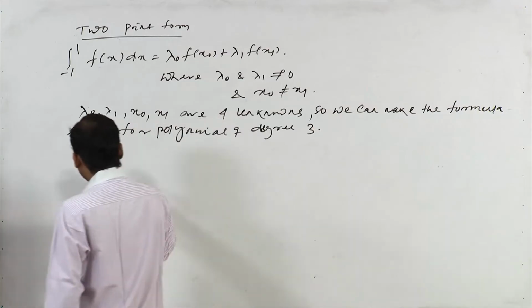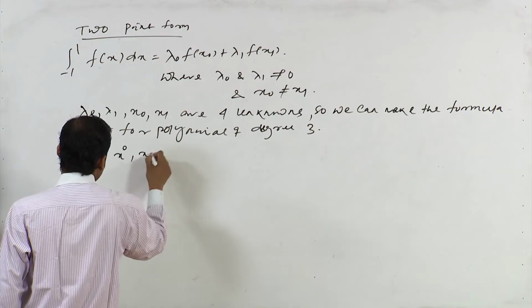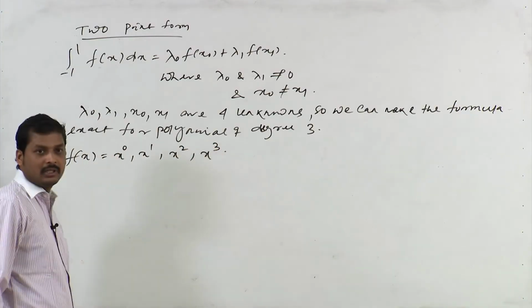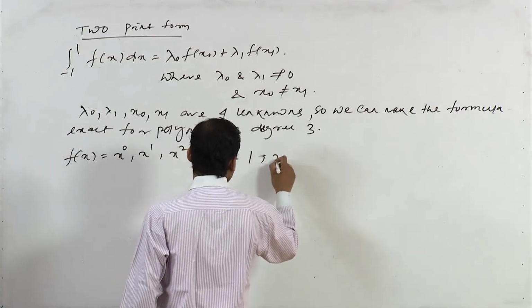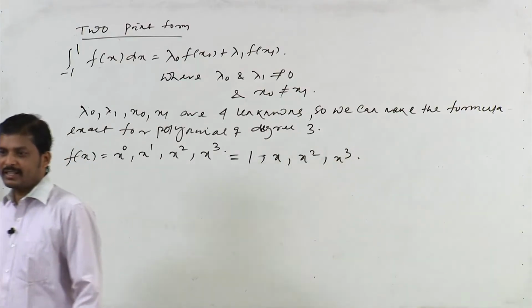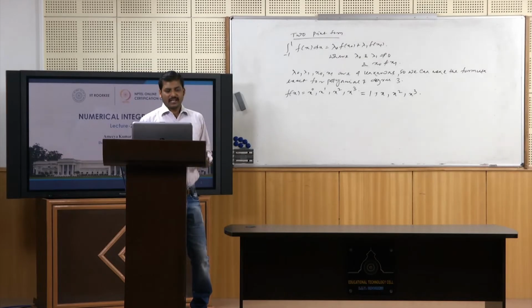So this function can be written as f of x equals x to the power 0, x to the power 1, x to the power 2, x to the power 3, or 1, x, x square, x to the power 3, for which this polynomial approximation gives the exact value.